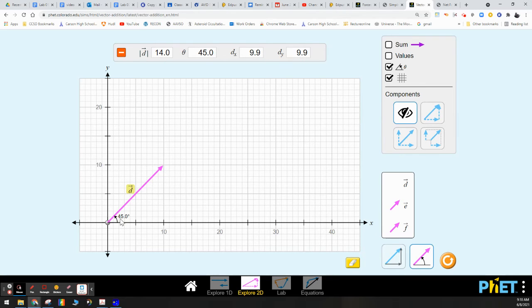Notice the angle is 45 degrees. That means with respect to the x-axis, the angle is 45 degrees. Let me hit pause real quick.